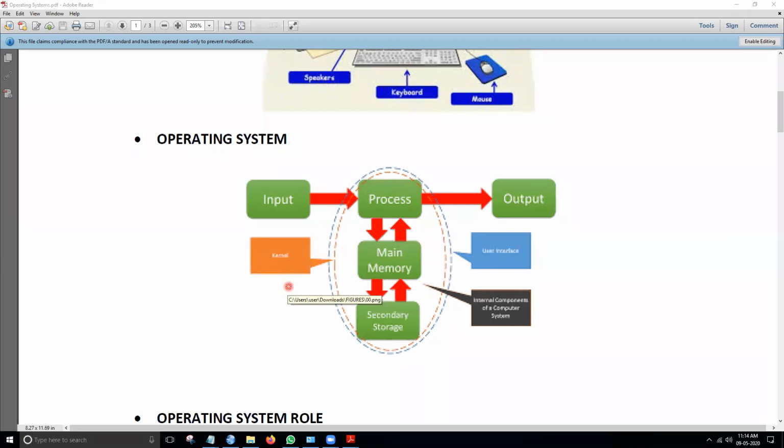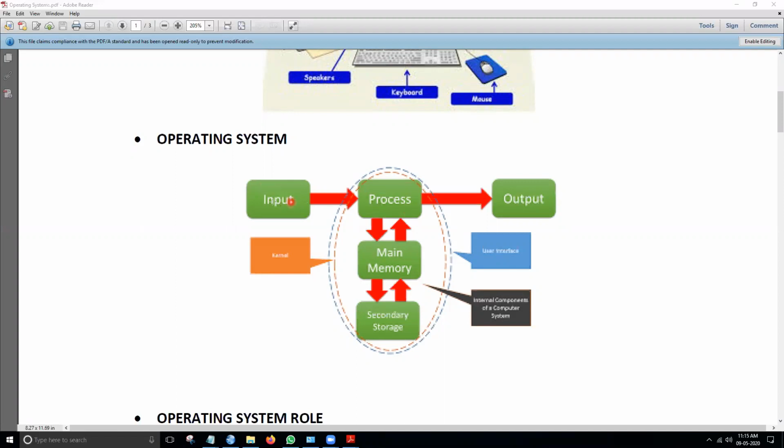So if you look across these terms of the operating systems, basically these operating systems have some functions. So what are the functions the operating system does? The operating system looks across the functions based on the input.